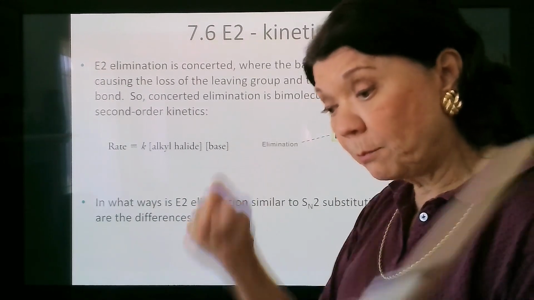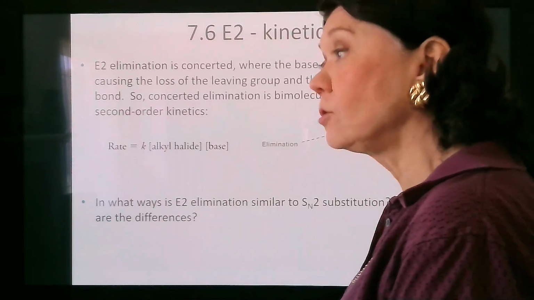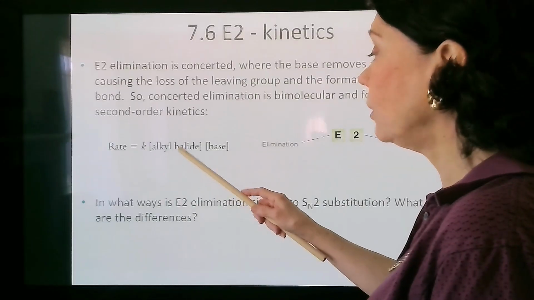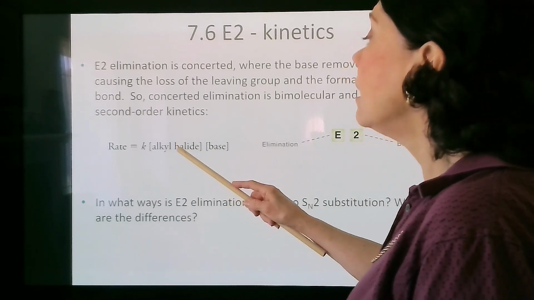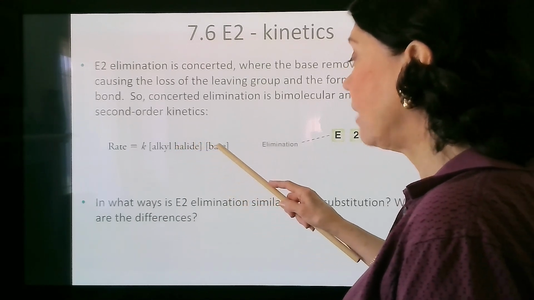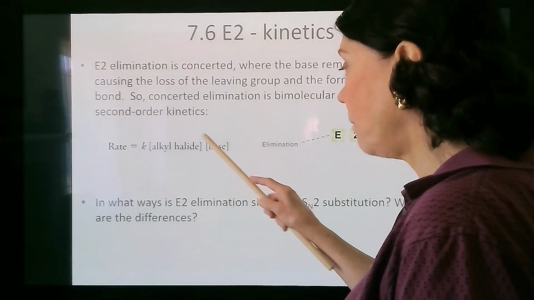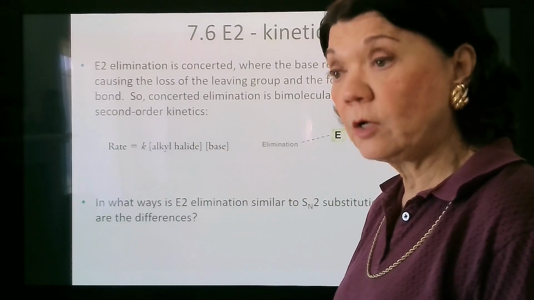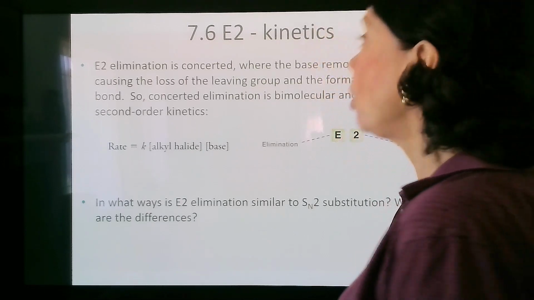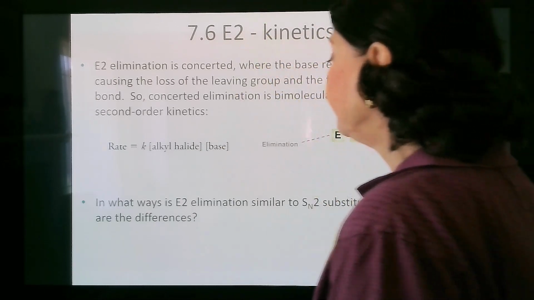They have to come together, bump together, to cause the reaction to occur. So it's going to be dependent on the concentrations of these two molecules, of course. It's two molecules coming together in the rate determining transition state. So it's second order, E2.